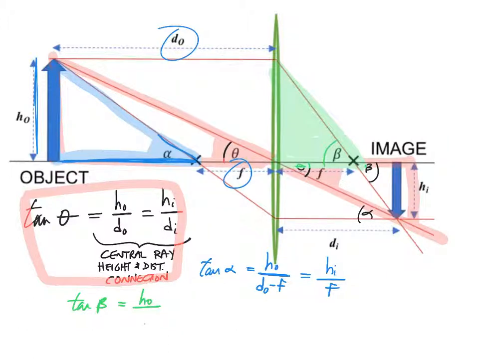Here the object height and focal length are part of the puzzle, but the image height is offset from that focal length by that piece of the puzzle, which is just the image distance minus the focal length.